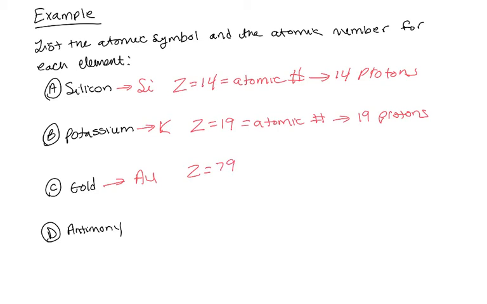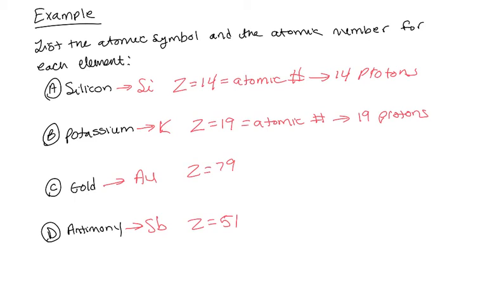So that's its atomic number, or the number of protons. Antimony has chemical symbol Sb, has a Z number of 51, which is its atomic number and its number of protons. So 51 protons are in the atoms of antimony.